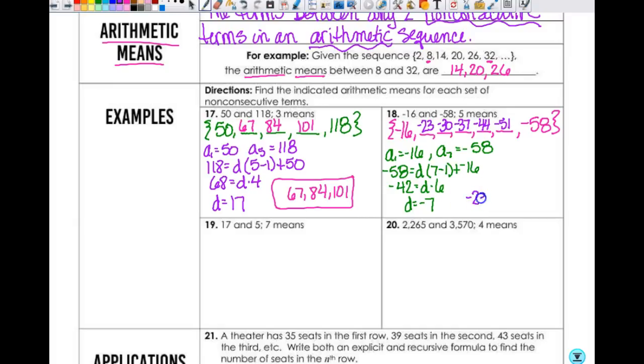So my answers are negative 23, negative 30, negative 37, negative 44, negative 51. And there you go. Okay. That is your arithmetic means.